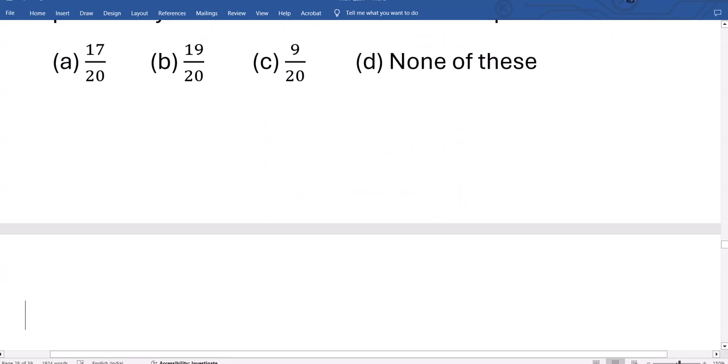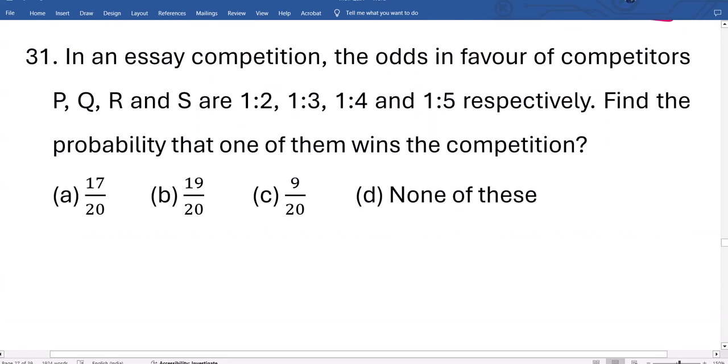In an essay competition, odds in favor of competitors P, Q, R and S are 1 to 2, 1 to 3, 1 to 4, 1 to 5. Sir, this is a new terminology. We know probability is favorable out of total. But listen, there are two terms, odds in favor of and odds against.